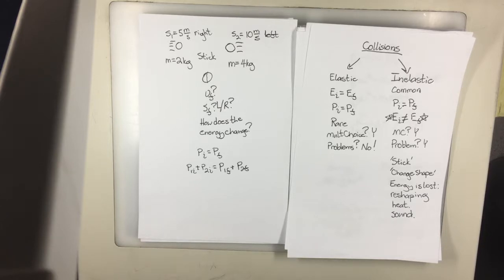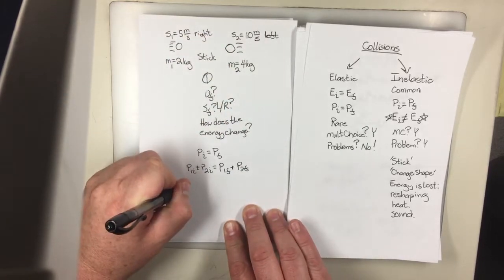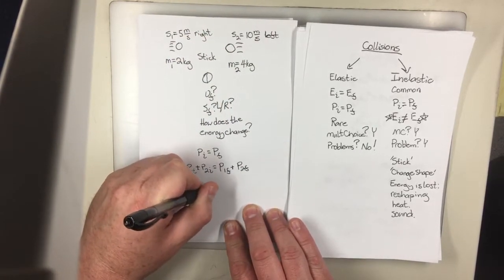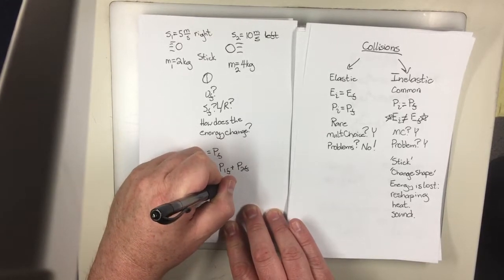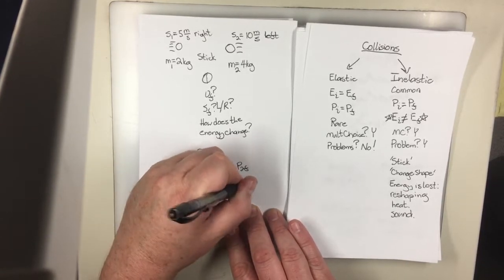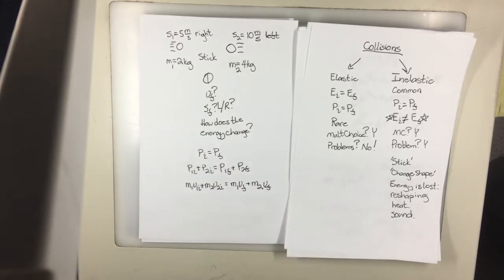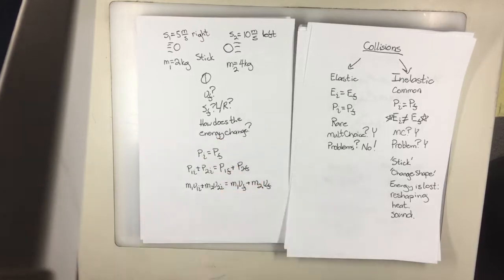I'm going to plug in some values for this. This is 1, that's 2. So this is M1 V1I plus M2 V2I equals M1 V final plus M2 V final. The final velocities of those objects are the same. Why? Because they stick. It's one object.